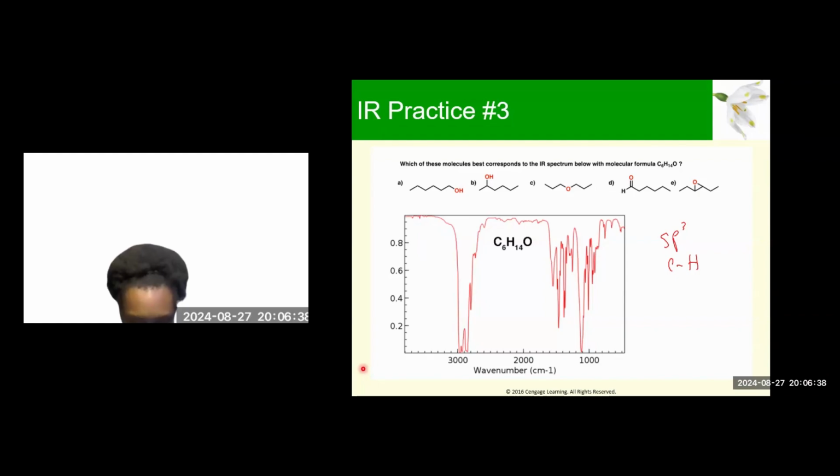And since there are no broad peaks, it cannot be A, it can't be B. I'm looking at the 1700 range, and I notice there are no peaks in the 1700 range. So it can't be D. And I also don't have any twin peaks in the aldehyde range. I'm just confirming. I gotta count my notches. So 11, 12, 13, 14, 15, 16, 17. Yeah, this will be the 1700 range. I don't see them there.